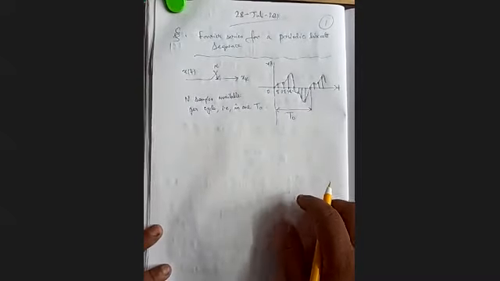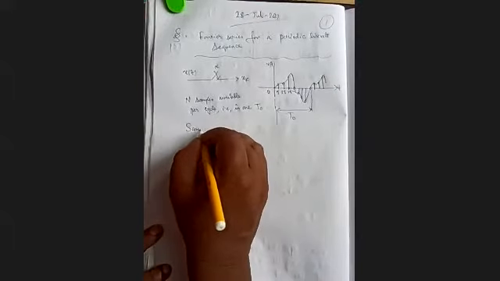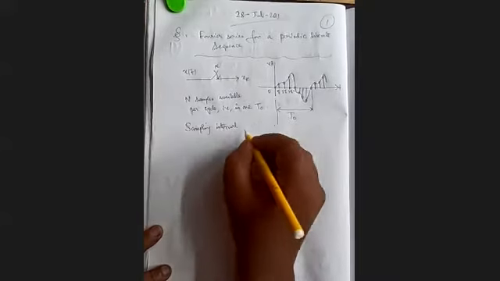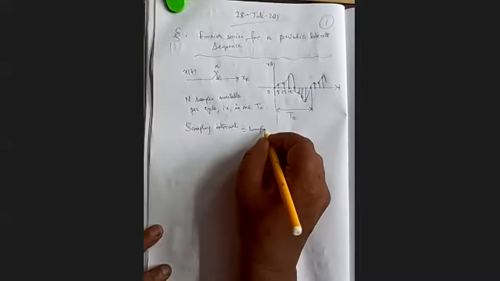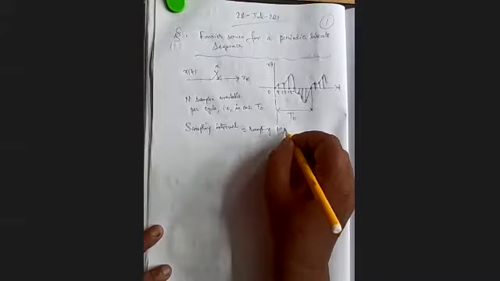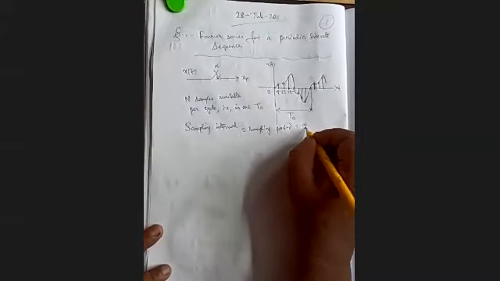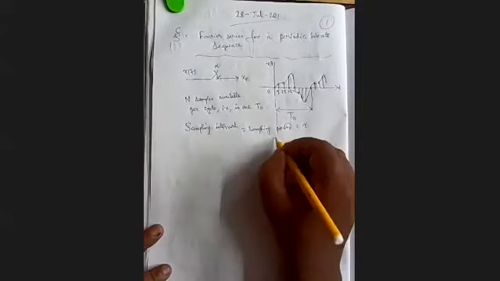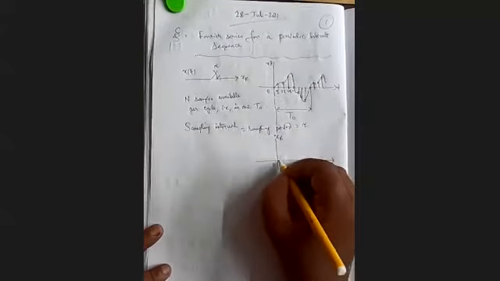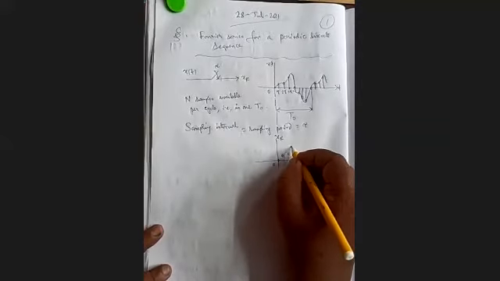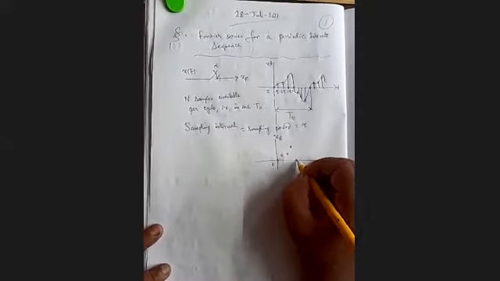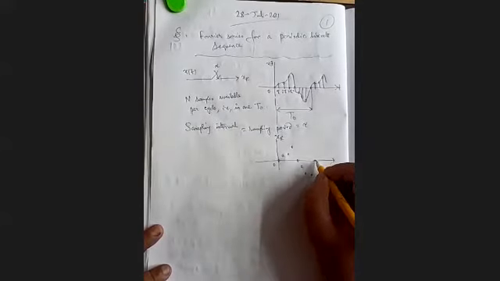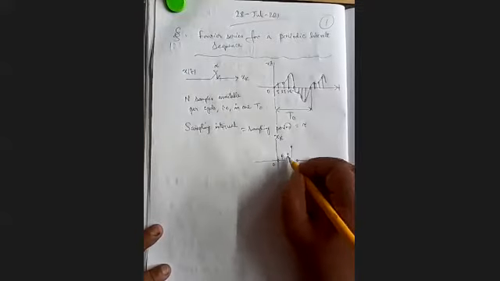And the sampling interval, or we also call it sampling period, is tau. Then what is our xk? We get different samples, this one, that one, that one. So these are the various samples we are getting.